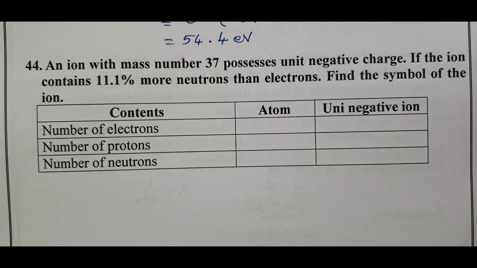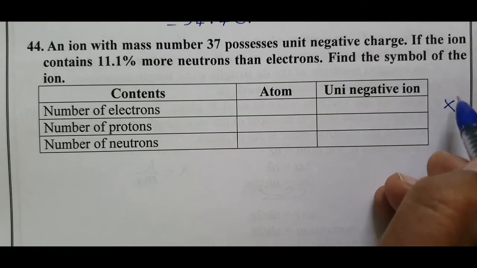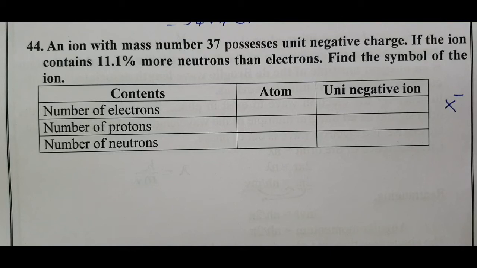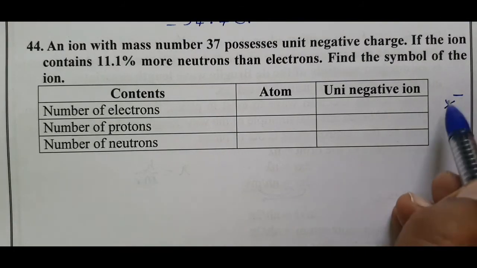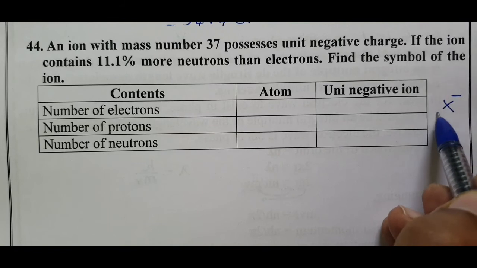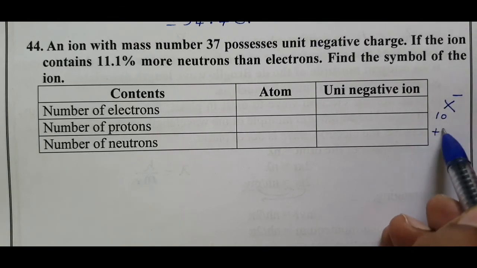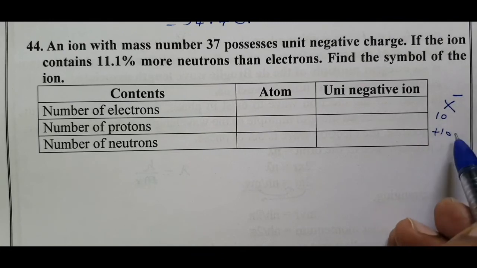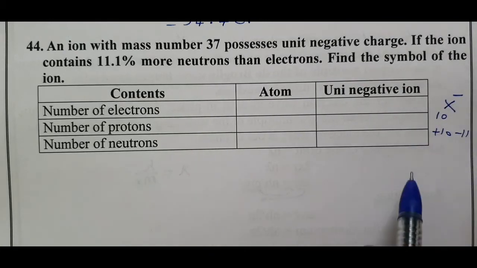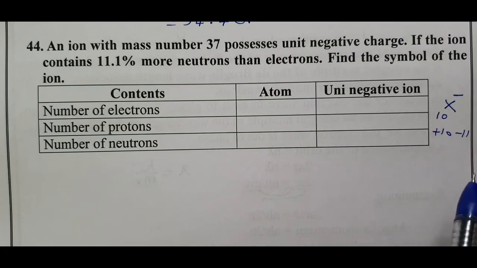For example, if we take X is an ion, it is a negative ion, uni-negative ion. If the atomic number of X is, for example, 10, it contains 10 protons, but how many electrons? 11 electrons. Gain of 1 electron becomes a negative ion.